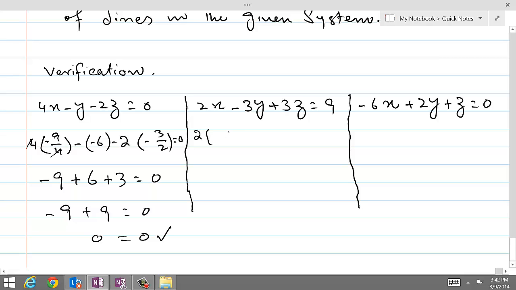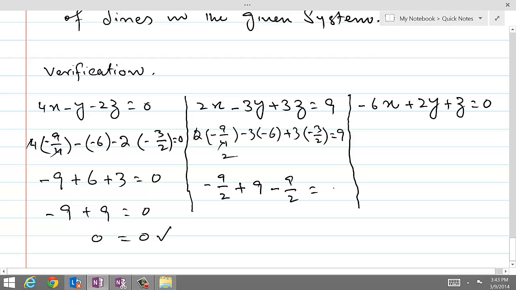Let's similarly find out for the second line. 2 times minus 9 over 4 minus 3 times minus 6 plus 3 times minus 3 over 2, and this should actually be 9. So this is minus 9 over 2 plus 18 minus 9 over 2, equal to 9.